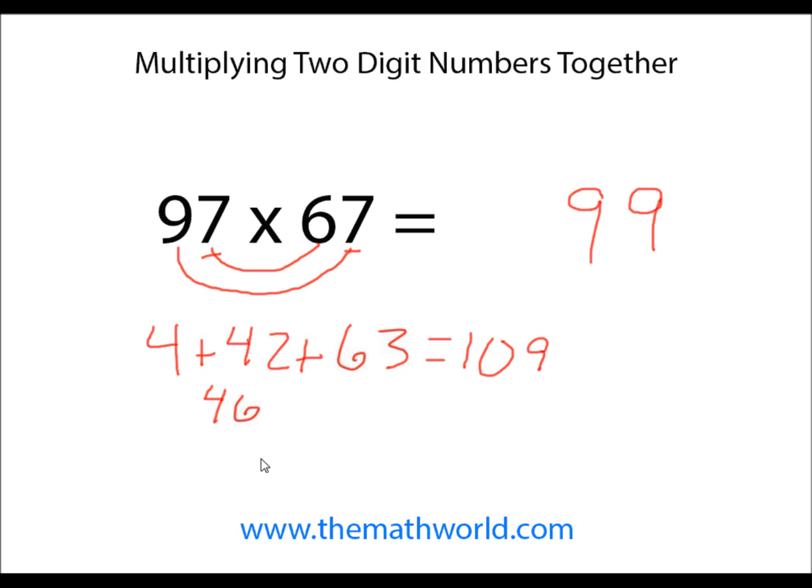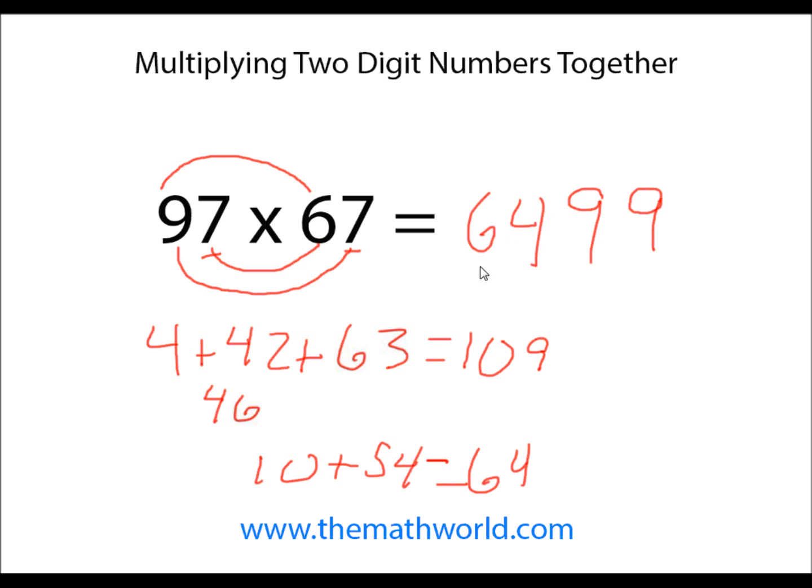We'll carry our 10. And we'll add 10 to the last step, which is the tens digits multiplied by each other. 9 times 6 is 54, which gives us 64. So after we write down 64, you can see our answer to 97 times 67 is 6,499.